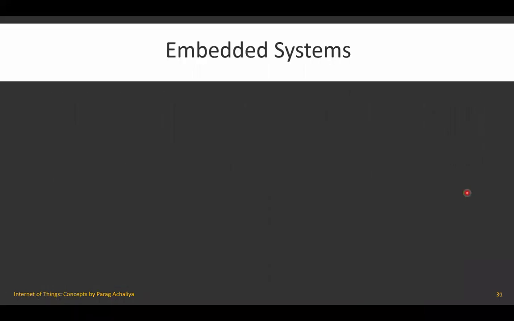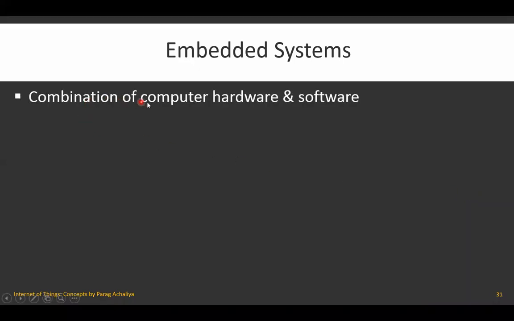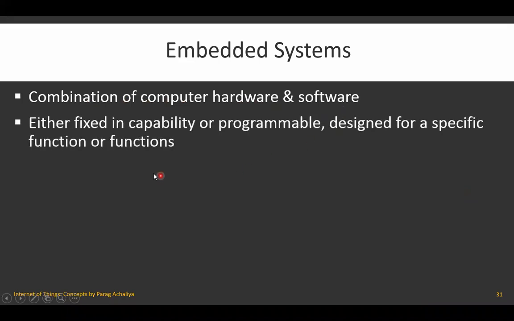Then next is the embedded system that we are already looking at. It is the combination of computer hardware and software. Point number one: embedded systems are either fixed in capability or programmable, designed for a specific function or various functions. As you are all aware, they are specifically designed for performing a specific task.